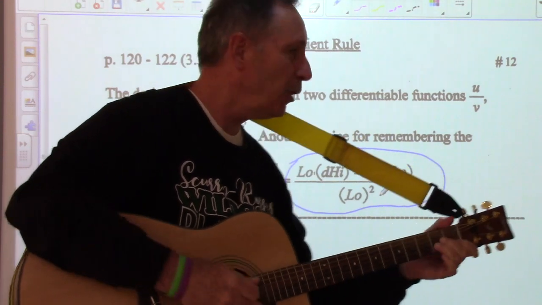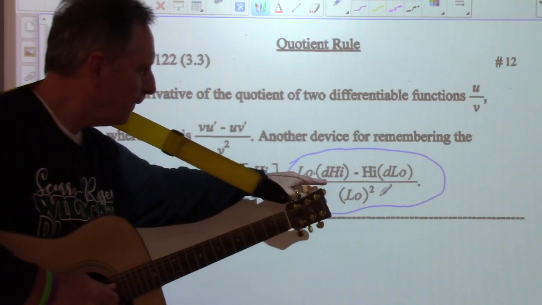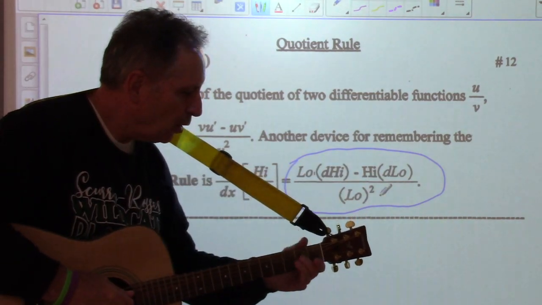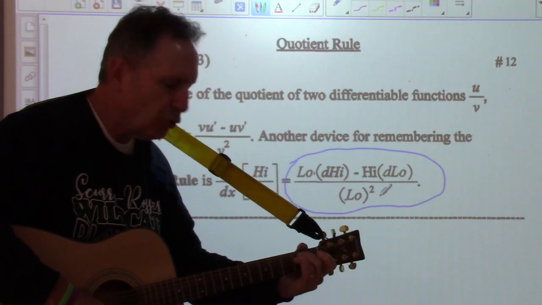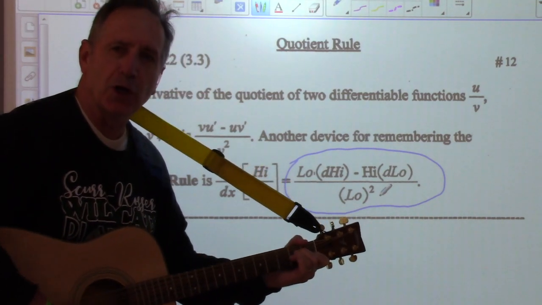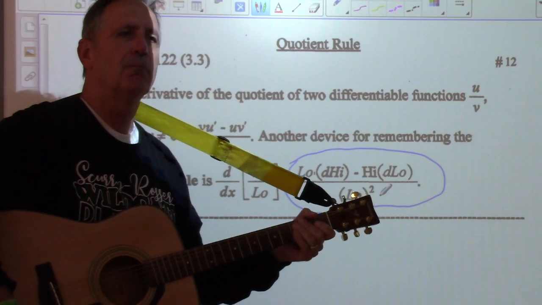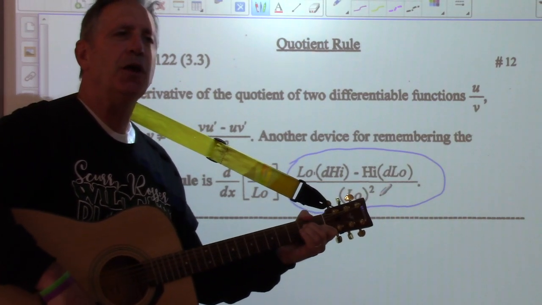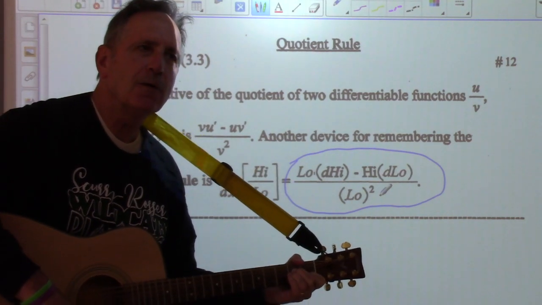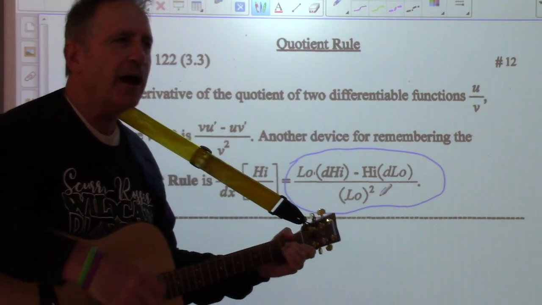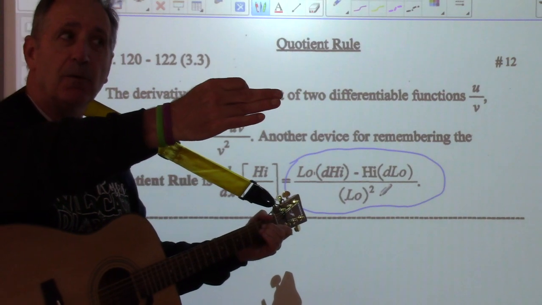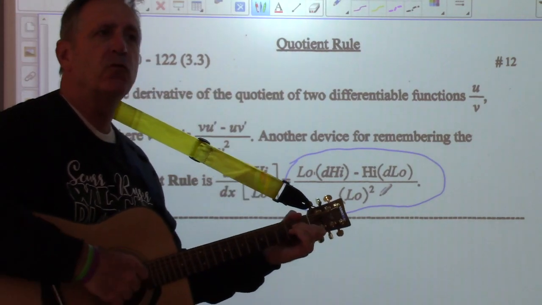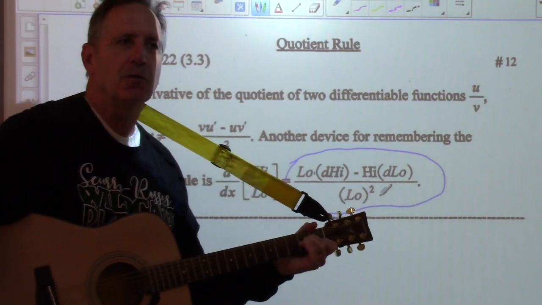Loady, loady, loady, high, minus hidey, hidey, low, all over low square.